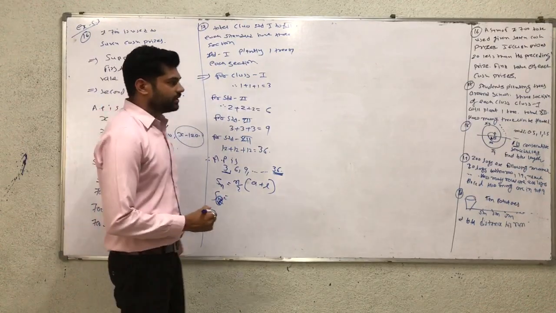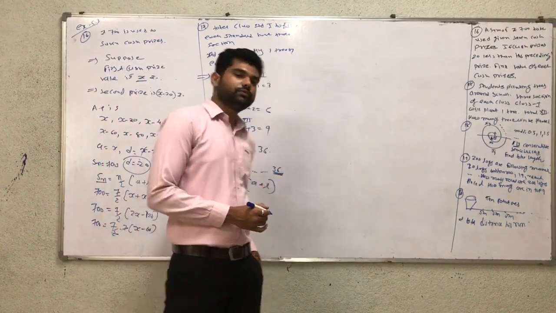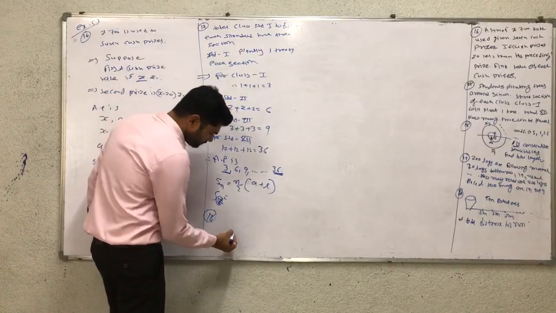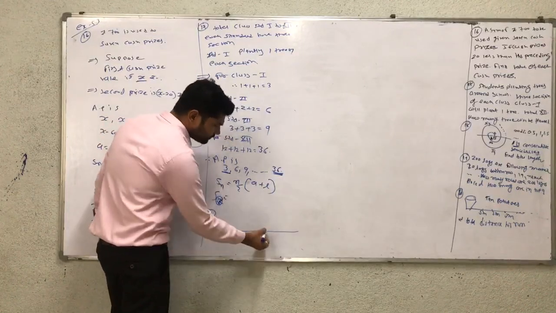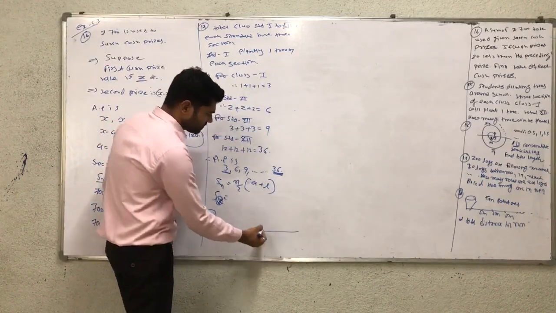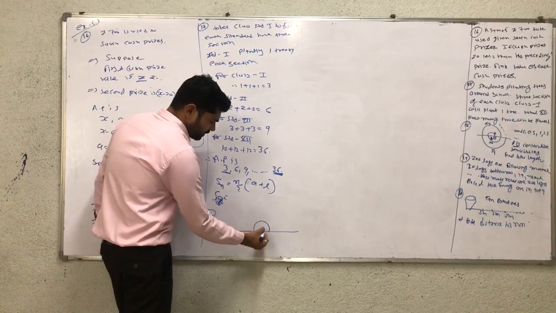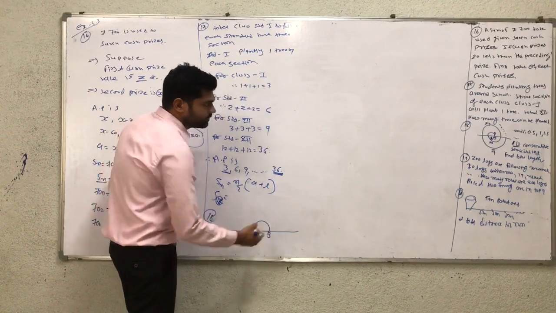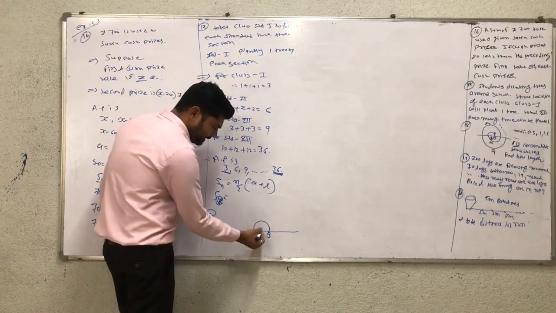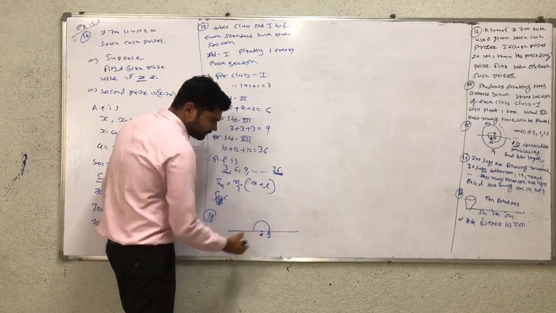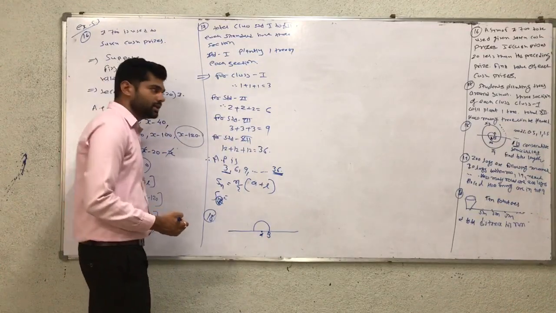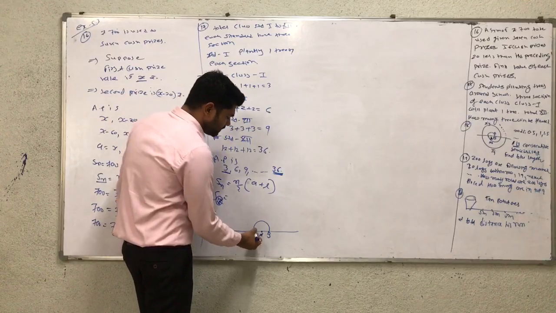In question number 18, we are given one figure. First, the circle starts at point B, and A is the center of this semicircle. Now one circle is completed.